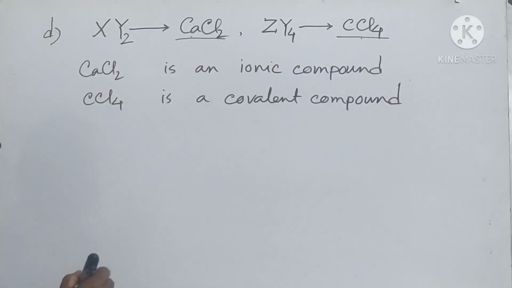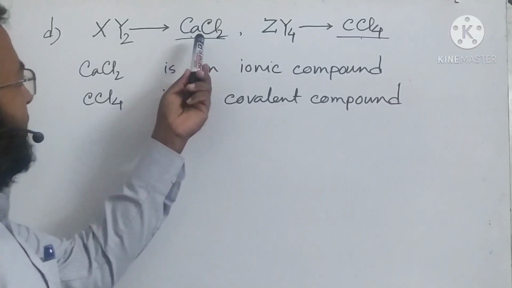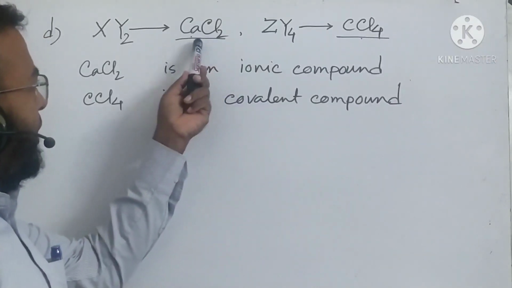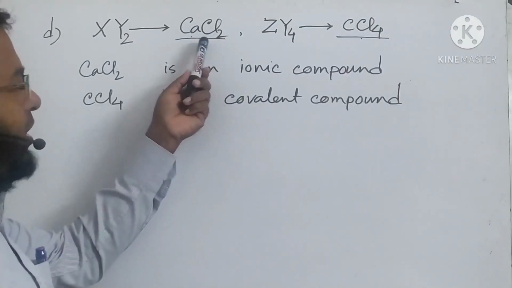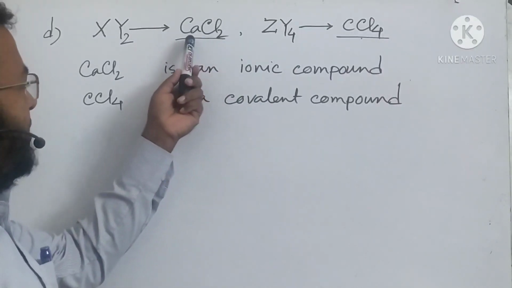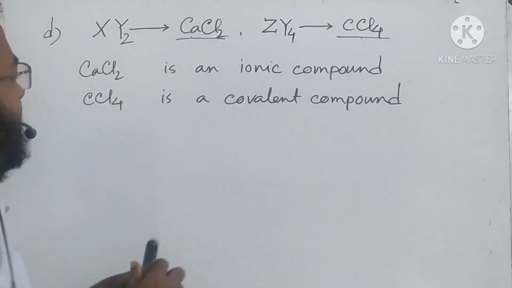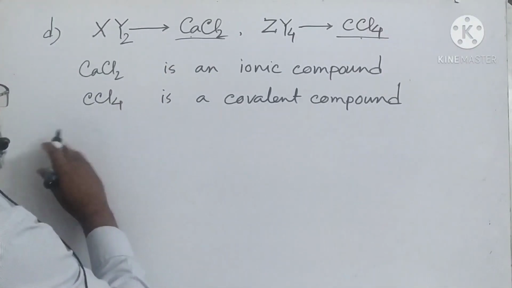We know that ionic compounds, if we give in water or aqueous solution of calcium chloride, then it will be ionized into Ca2 plus and Cl minus, like this.